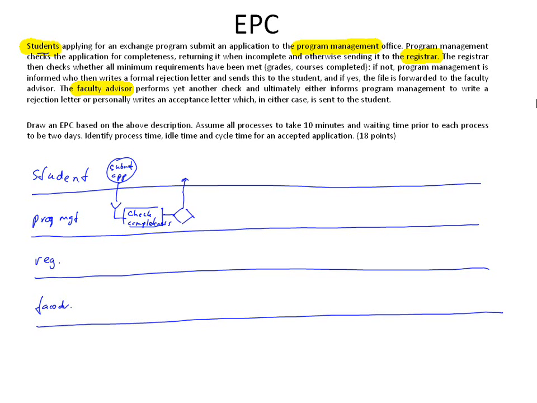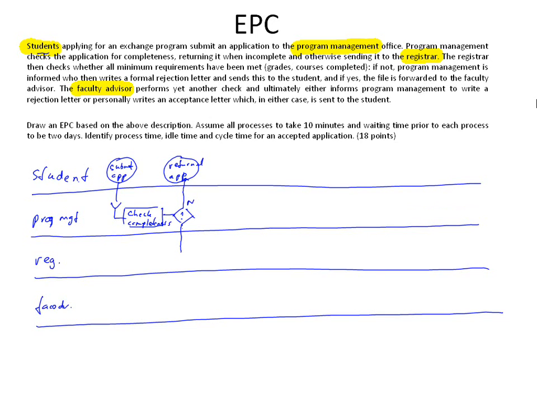And the decision: complete, with a question mark, no or yes. In the case of no, it is returned to the student. Returns application. When yes, it is forwarded to the registrar.